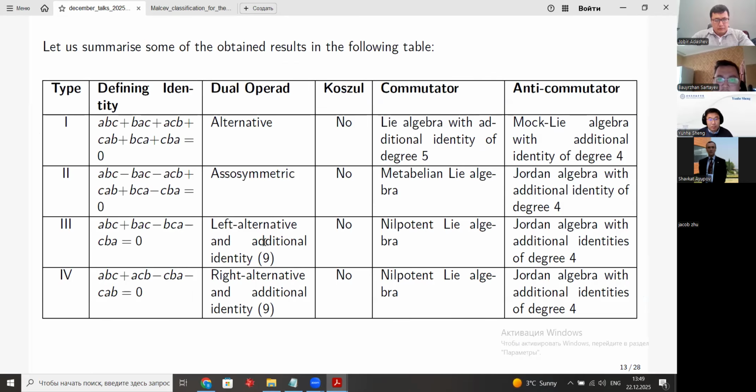Relative to dual operads, it gives natural objects that all algebras know: alternative, associative, and so on. For this reason, it's natural to consider the Malcev classification for other varieties.